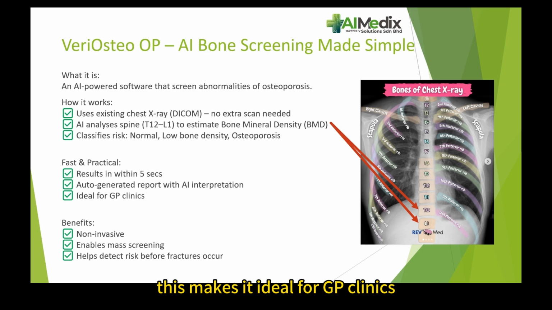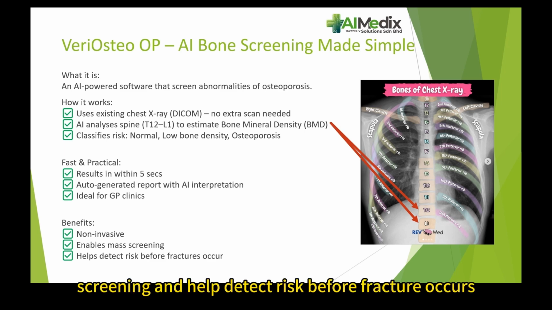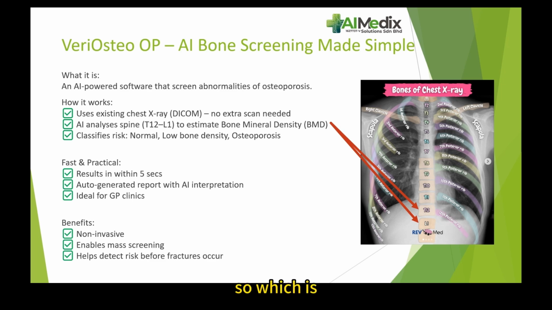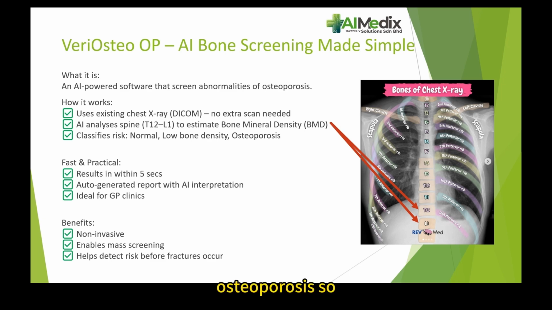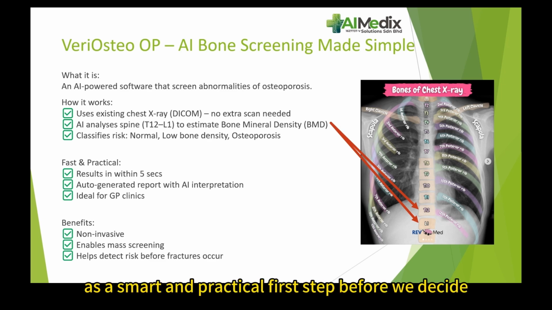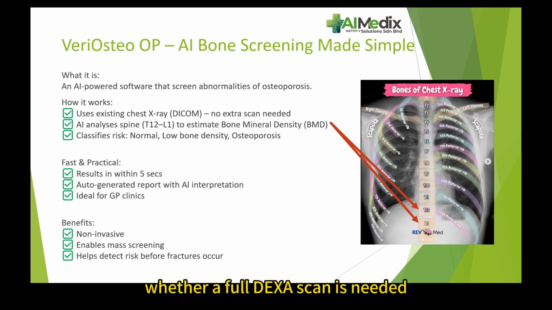This makes it ideal for GP clinics, especially during routine checkups or health screening. Best of all, it is non-invasive, allows mass screening, and helps detect risk before fracture occurs, which is key in preventing serious complications related to osteoporosis. So Veriosteo acts as a smart and practical first step before we decide whether a full DEXA scan is needed.